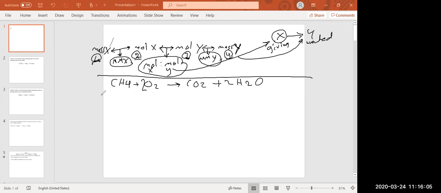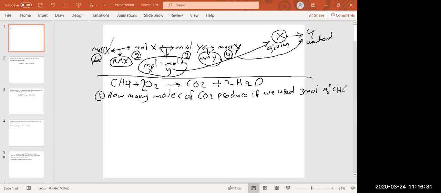Okay, now, first question. How many mole of CO2 produced if we use 3 mole of CH4?